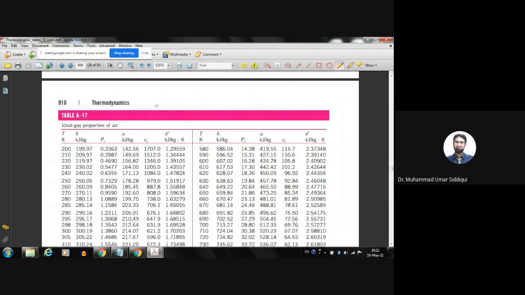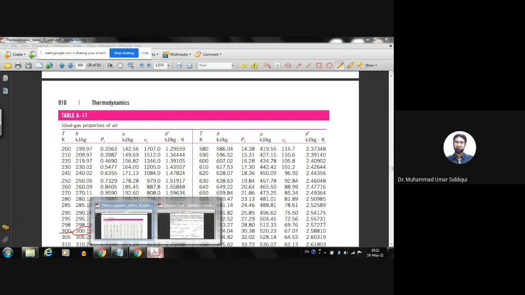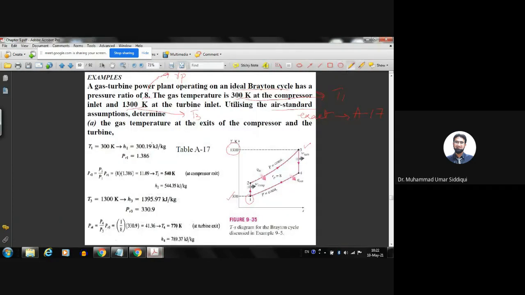At A17 we have T1 as 300 Kelvin, so corresponding to 300 Kelvin, we can determine H1 and PR1.